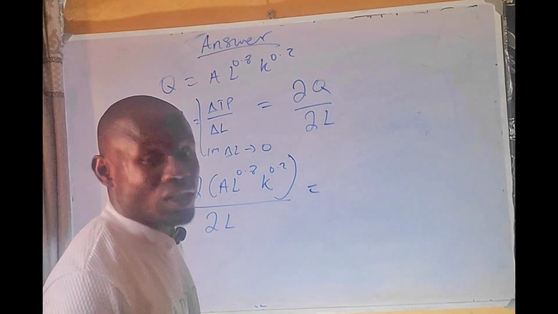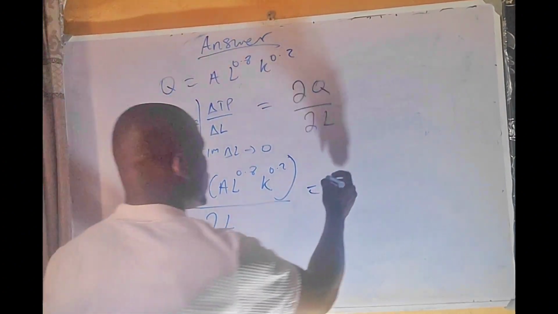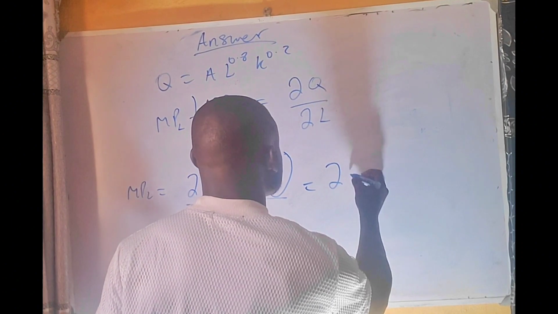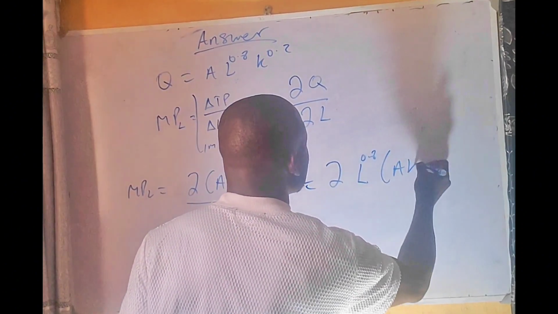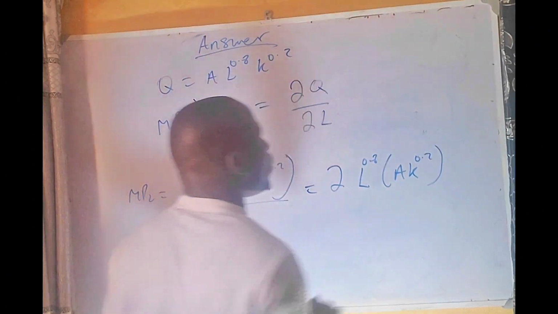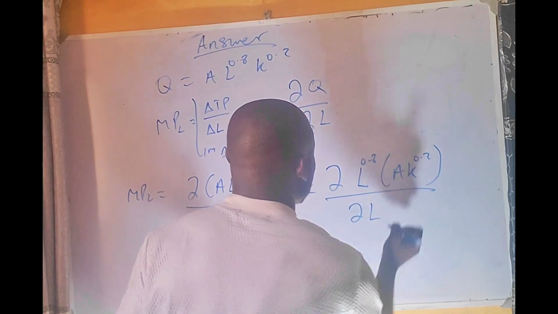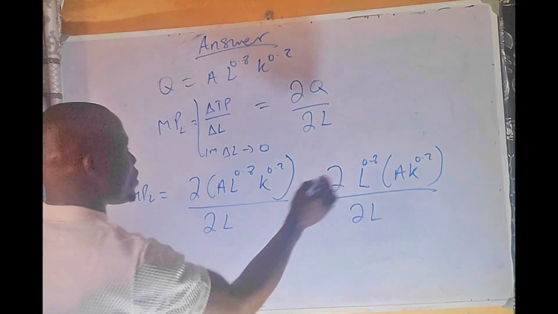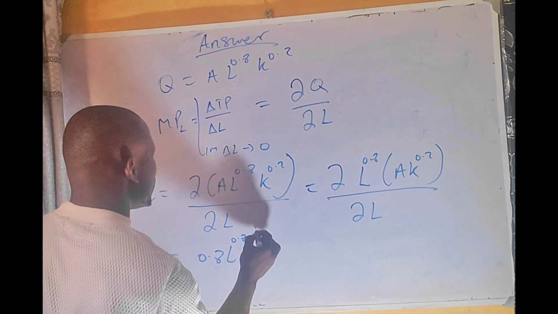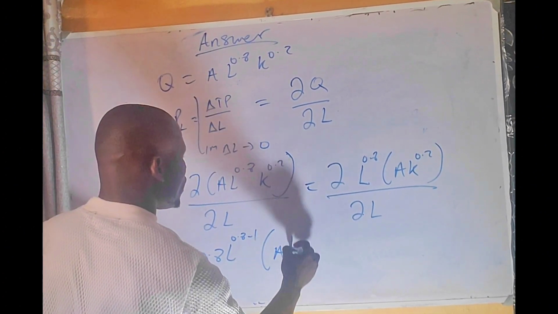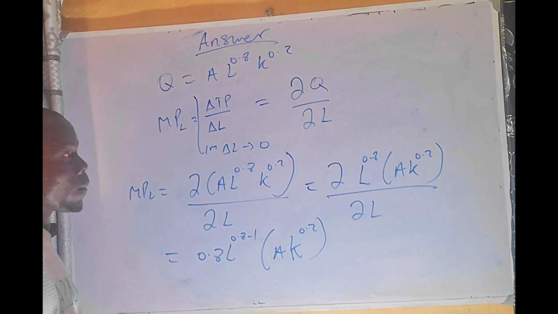For the sake of those who are not so good at it, the first thing you do here is write this as the derivative of L^0.8 into (A K^0.2), all with respect to L. So this will then be 0.8 L^(0.8 minus 1) all into A K^0.2.